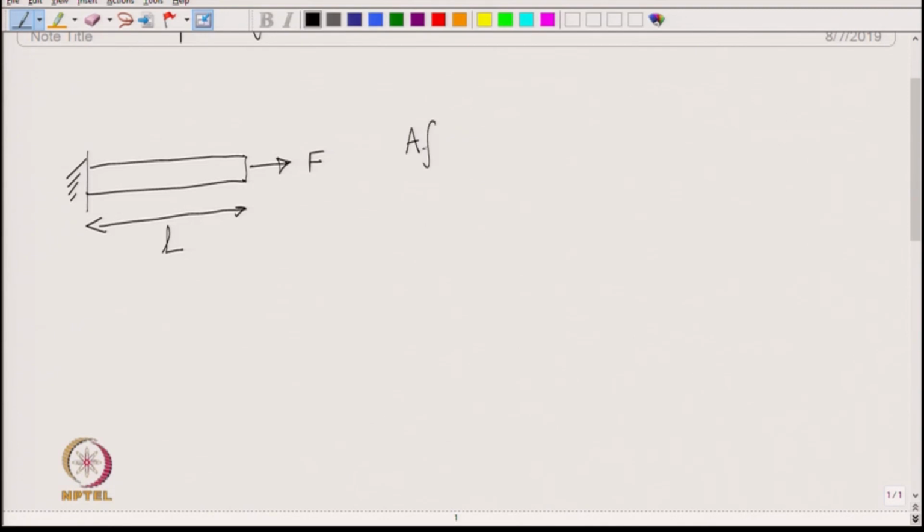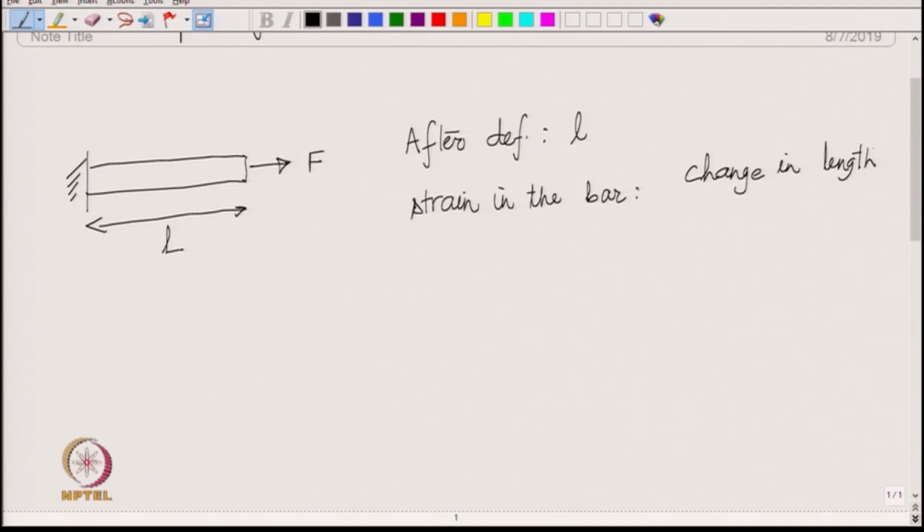So, after deformation the length is small l, then we say that the strain in the bar is change in length over the original length.